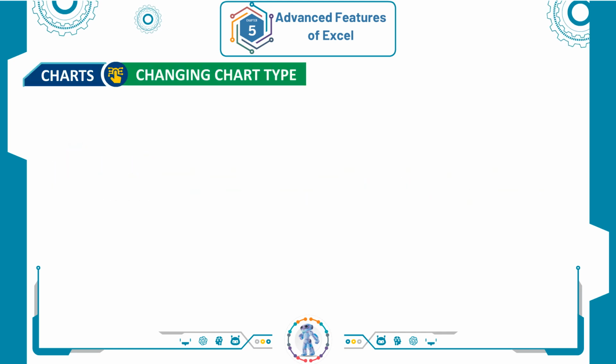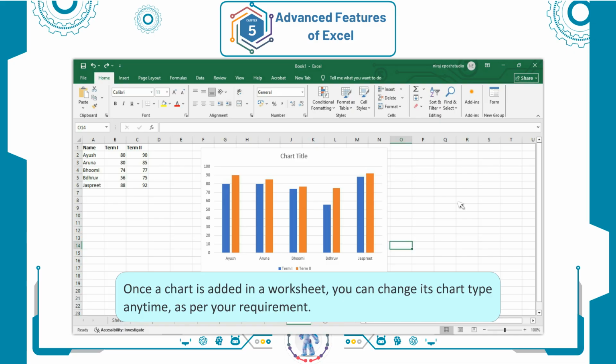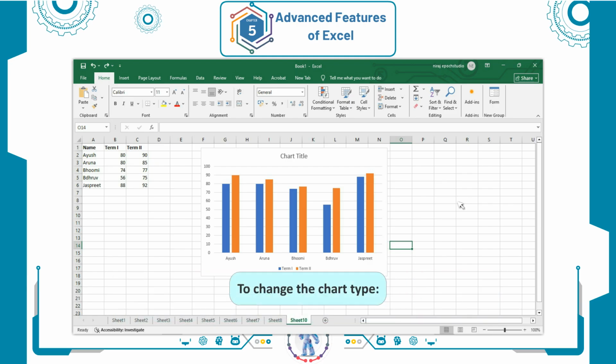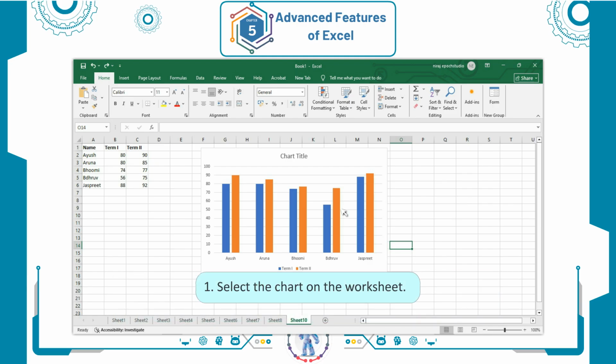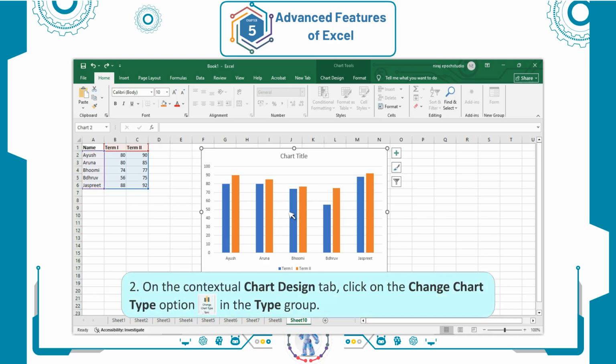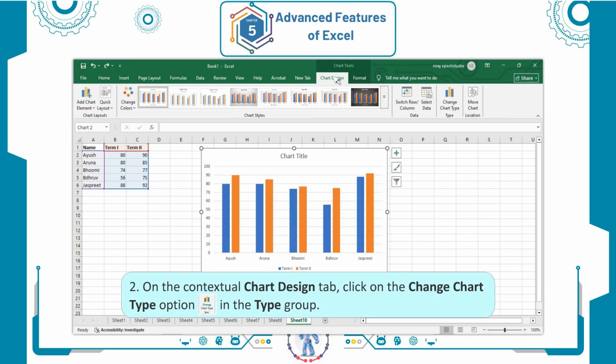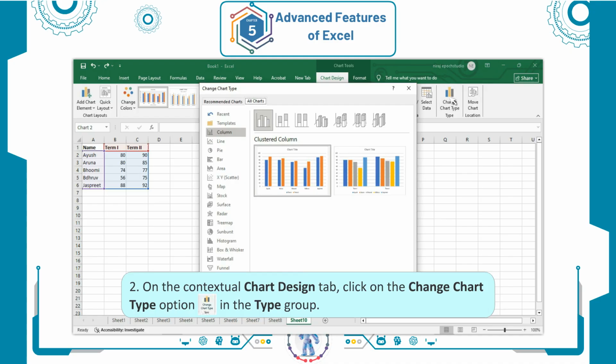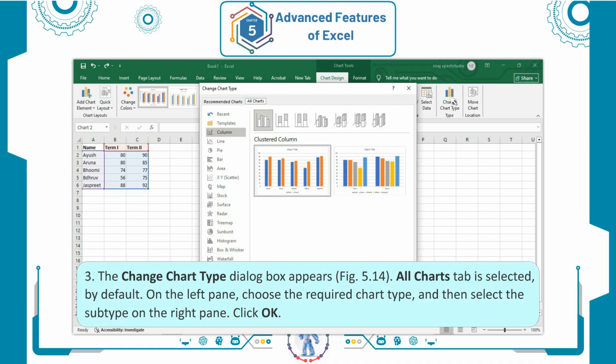Changing chart type. Once a chart is added in a worksheet, you can change its chart type anytime as per your requirement. To change the chart type, 1. Select the chart on the worksheet. 2. On the contextual Chart Design tab, click on the Change Chart Type option in the Type group. 3.